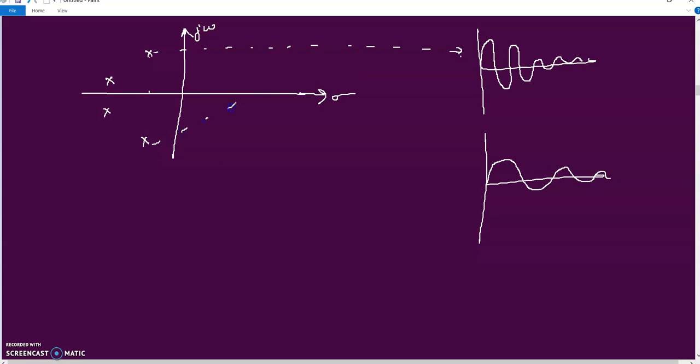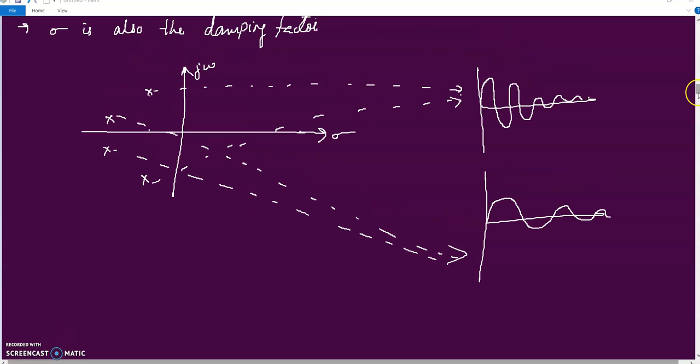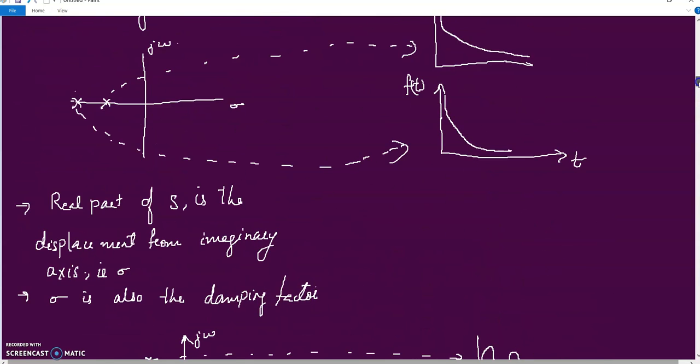This will be represented by this response, and for this, as the distance from the real axis is less, we have a reduced frequency. This indicates this graph, and as the distance from the real axis increases, it will have an increased frequency. So these two come under the sixth property.